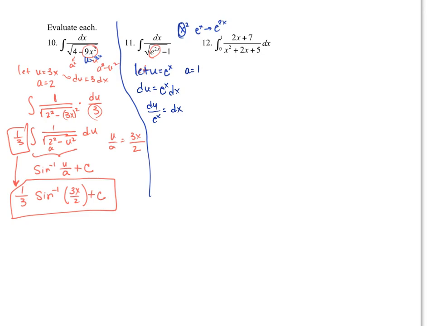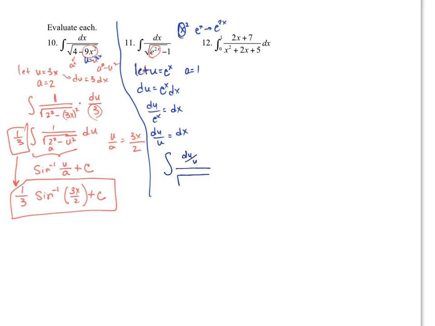And we know that e to the x is u, so I could say du over u is my dx, right? Because look up here. We knew that e to the x was the u, so I could just put the u back in right there. And now I have gotten rid of any of those e to the x's. All right, continuing on. So let's go ahead and put this inside, and we'll say the integral. Now this is du over u, right? I substituted my dx.